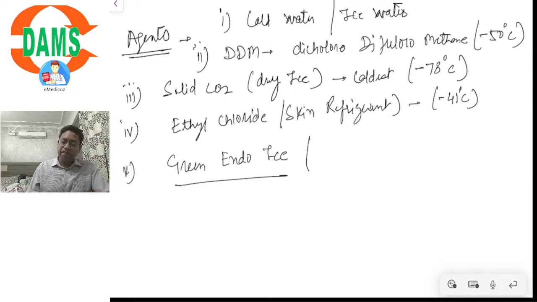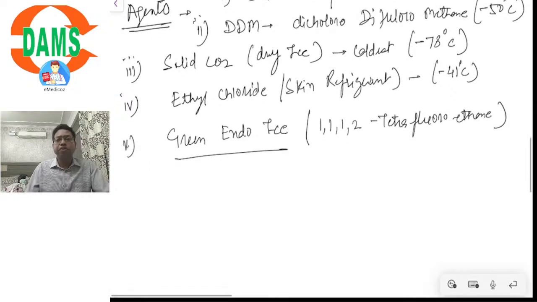Chemically, it is 1,1,1,2-tetrafluoroethane, and this agent has a temperature of negative 26.2 degrees Celsius. So these are some of the predominant cold testing agents that can be used. One of the most effective ones is definitely green endo ice, because unlike difluoromethane, it is not detrimental to the environment. It has a zero ozone depletion potential, and it is a customized agent for dental testing purposes.